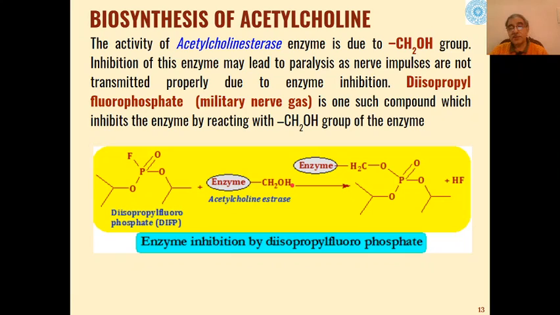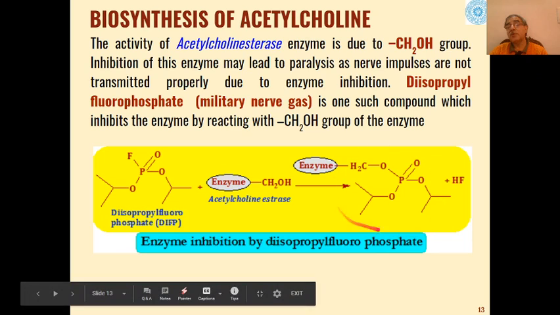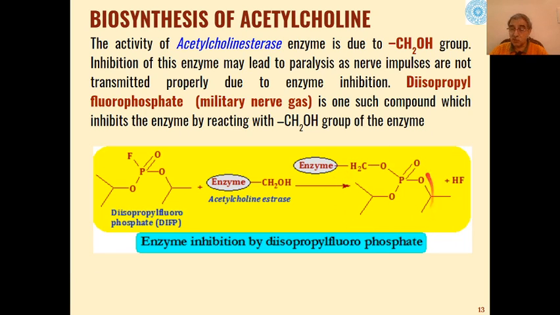H from here and F from here, HF will be eliminated, and this enzyme will form a product. An enzyme substrate complex will be formed, a covalent complex will be formed, which will further inhibit the activity of acetylcholine esterase.